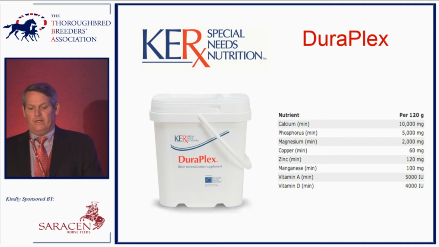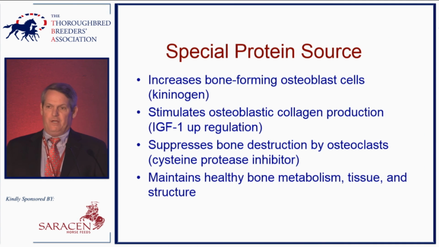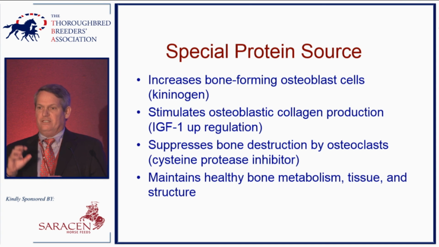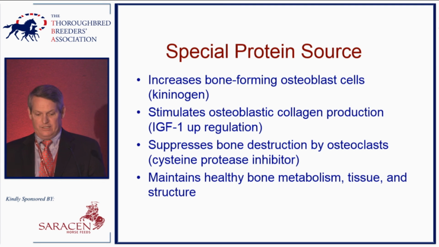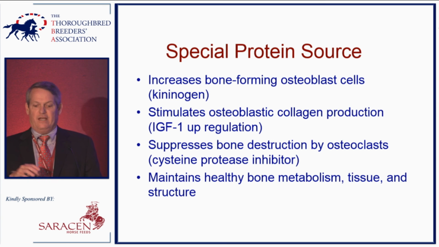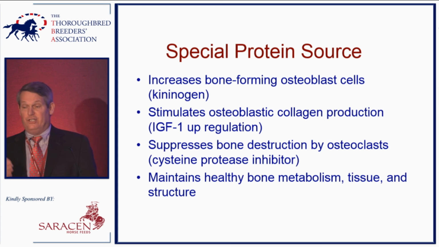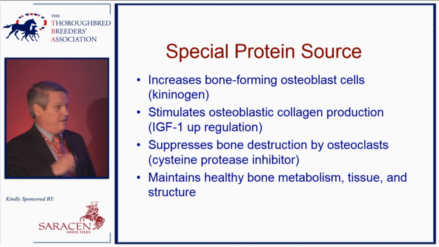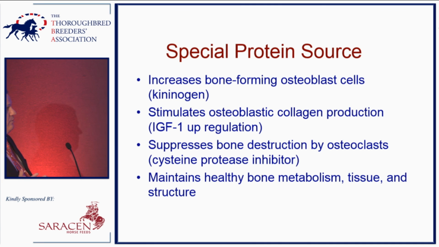But what we did is we combined this with a special protein source. And this is a whey protein derived protein source that has some real unique properties in terms of affecting the osteoblast and the osteoclast. There's part of this protein that increases the number of osteoblastic cells, the cells that produce bone and that stimulate osteoblastic collagen production.